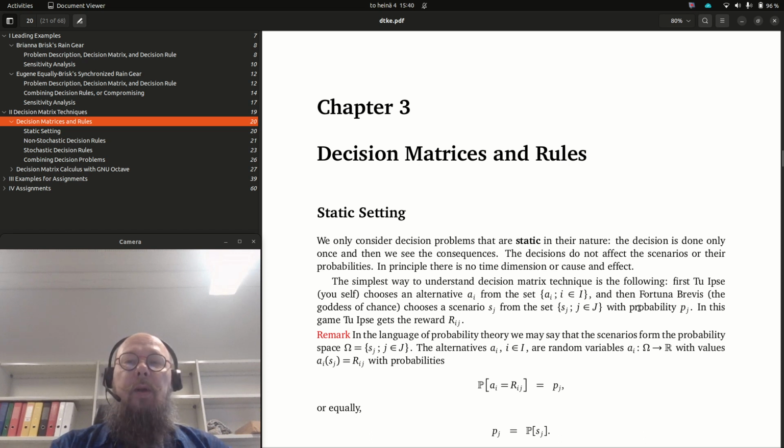Moreover, the scenario S_j is chosen with the probability p_j. If this happens, so you choose A_i and the goddess of chance chooses S_j, then you get reward R_ij. This is the setting in its simplicity.